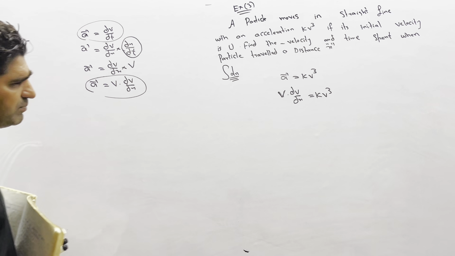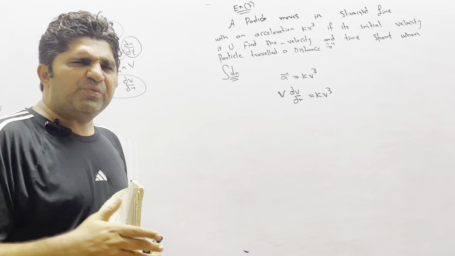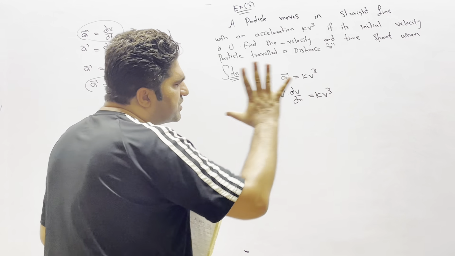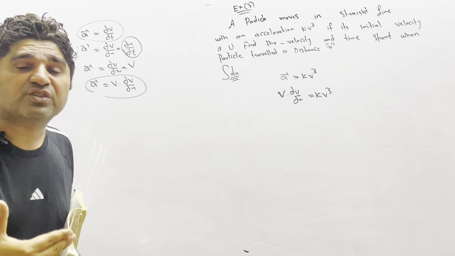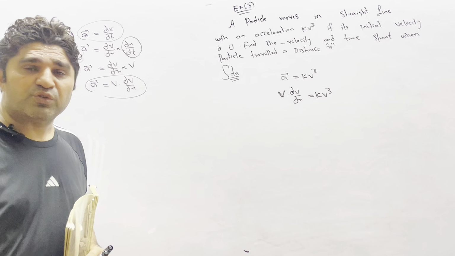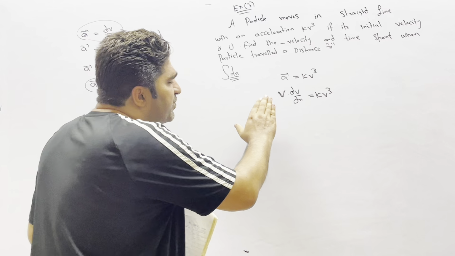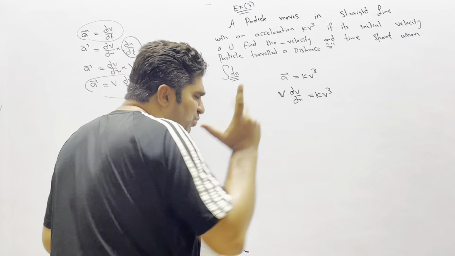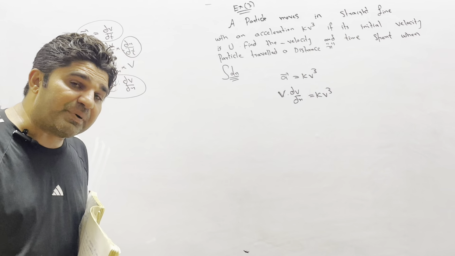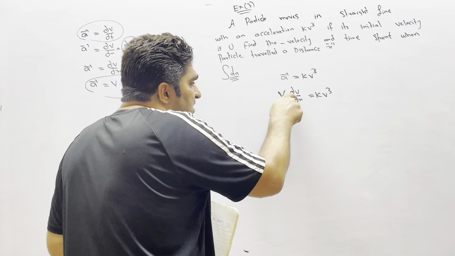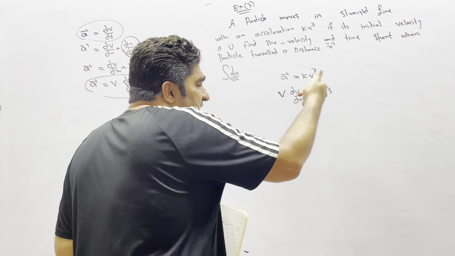Now if you know differential equations, this has become a differential equation. To solve it, first of all I have to make its separable form. Separable form means you want the term v with dv and the term x with dx.